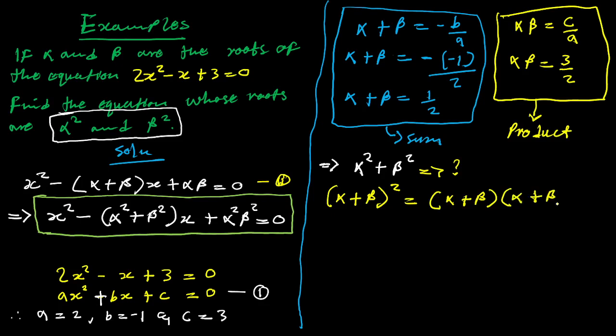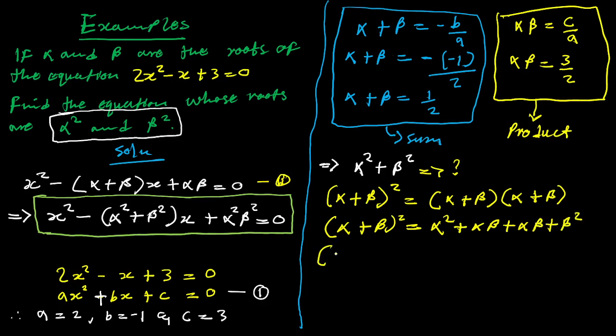Then alpha plus beta squared is simply equal to alpha times alpha, which is alpha squared. Alpha times beta is alpha beta. Then beta times alpha is alpha beta, and beta times beta is simply beta squared. Okay, we have that. Once we have that, we can simplify.